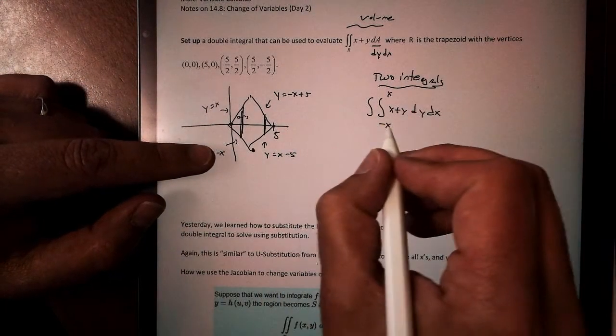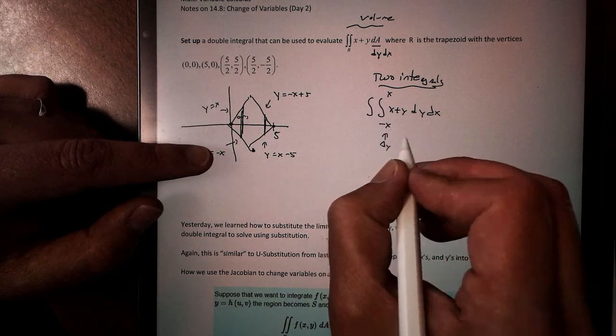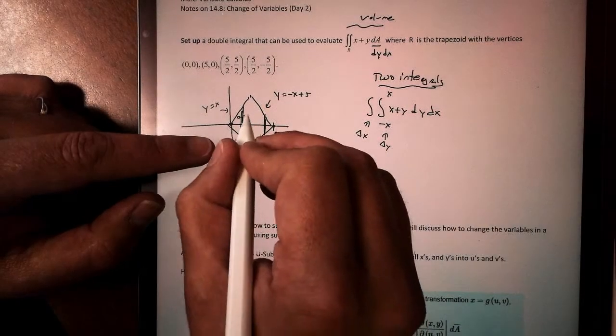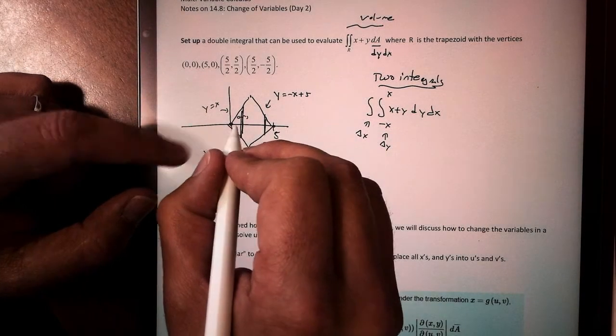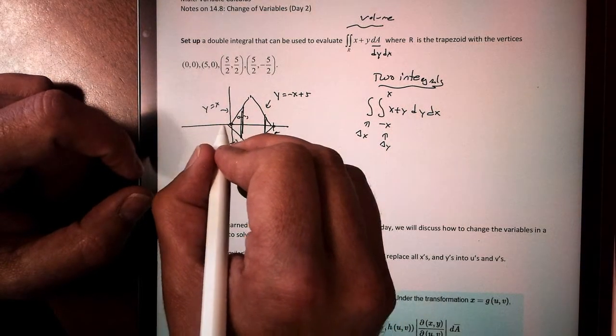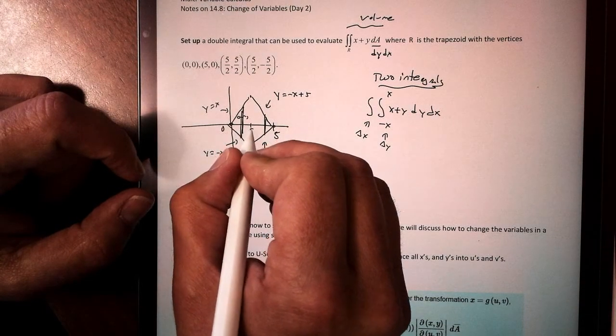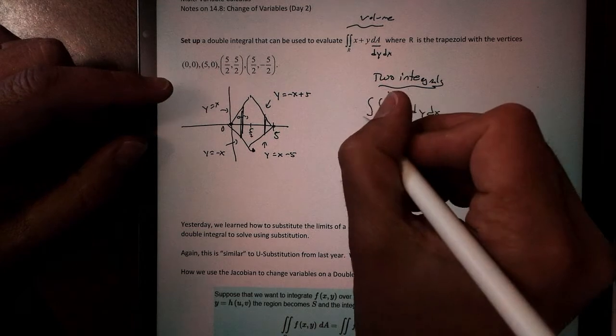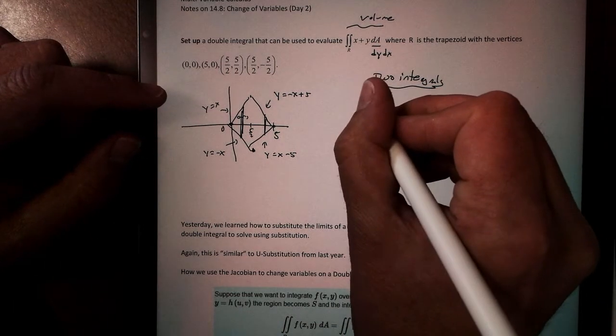Over here, this is my change in x's. So my change in x's for this first rectangle goes all the way from 0 to x equals 5/2. So we go from 0 to 5/2.